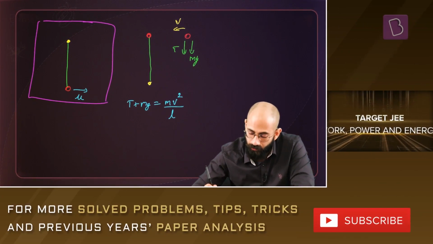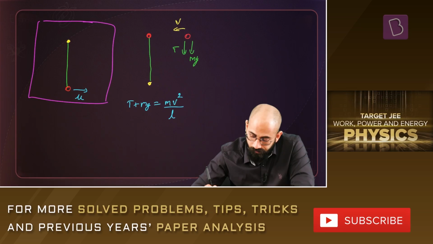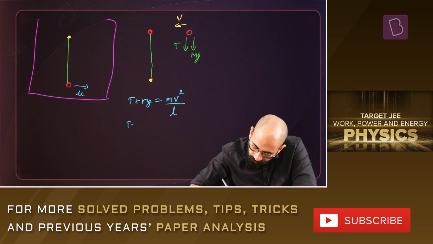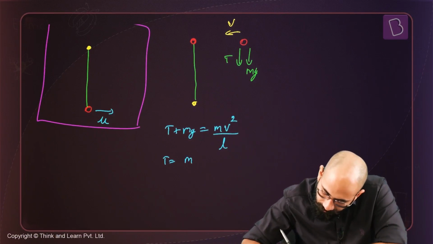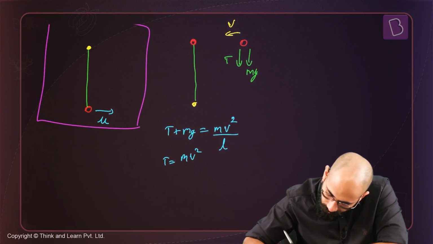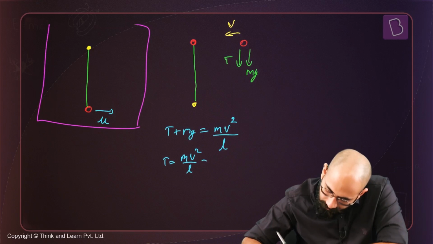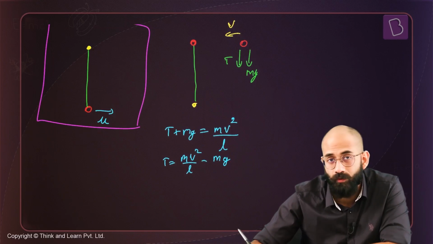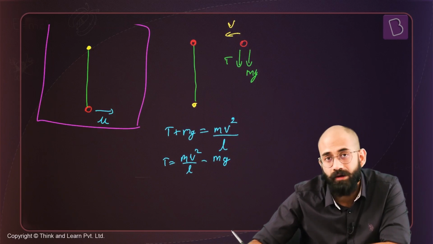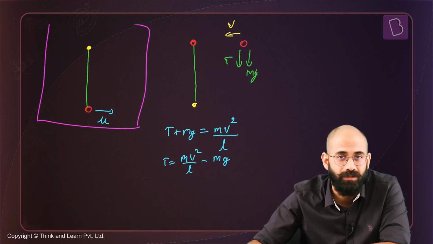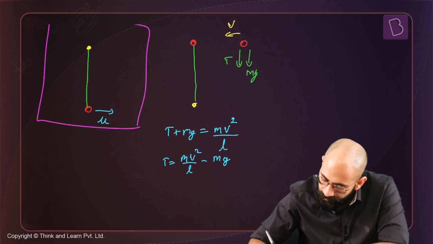Okay, now what do we do? Well, let's make this simple. I'm going to say T is equal to mv squared by L minus mg. Now, what was the condition I mentioned? I mentioned that for it to complete a full circle, T should be greater than 0 at this point. So let's apply that condition.